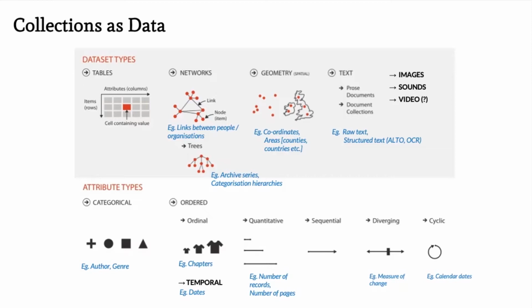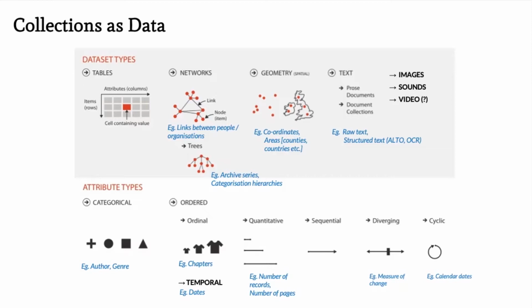We can also think about what are the different types for the variables in our data. And this is actually quite important when we think about how we want to visualize our data and what's going to be the best approach for visualizing our data. Because there are different variable types in our data.